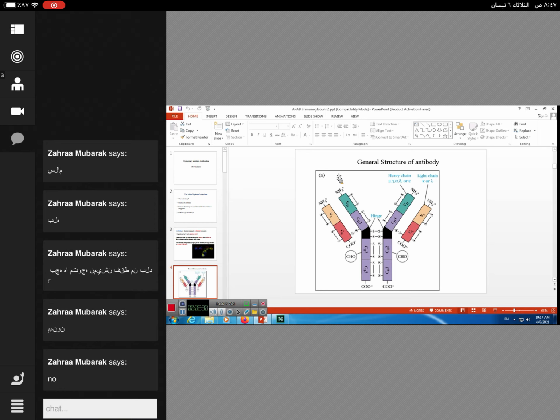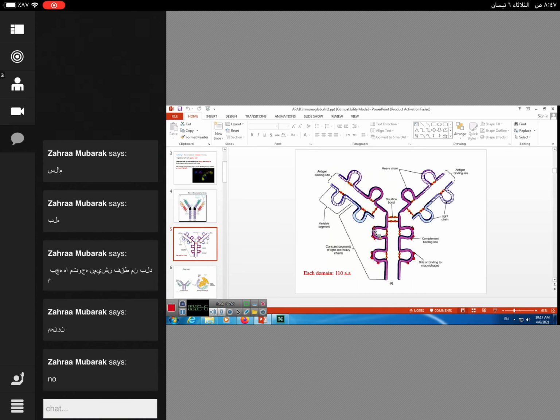As you see, each chain is composed of a very specific area, the immunoglobulin domain. A closer look shows the immunoglobulin domain is an area composed of 110 amino acids, and all functions of the antibody molecule are related to this area.